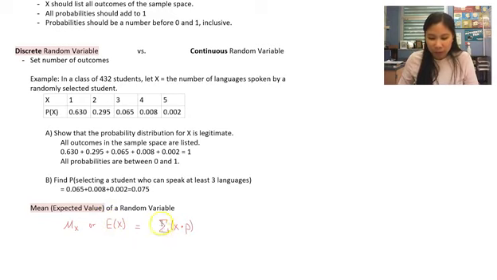So the formula is the sum of x times p. When I say x times p, this means each of the x values, the random variable, multiplied by its probability. We do that for each of the outcomes and its probabilities, multiply them together, and then add them all up with the sum.